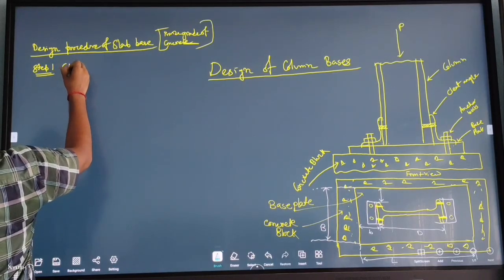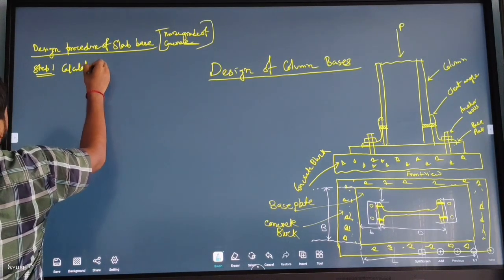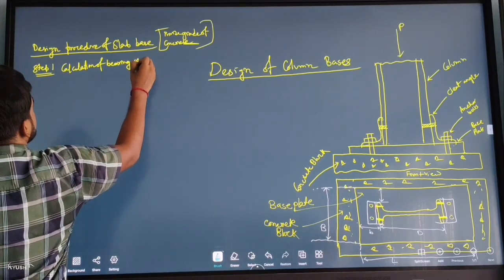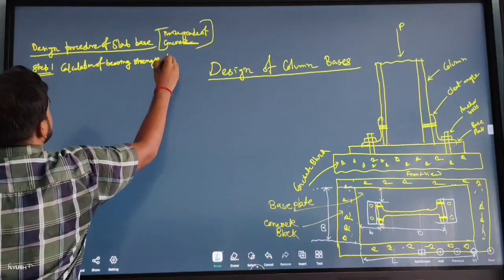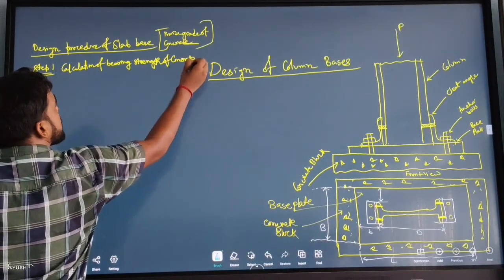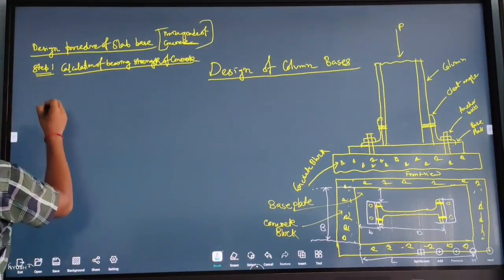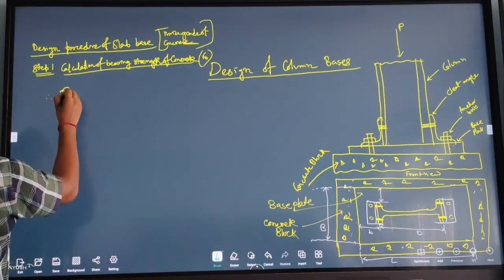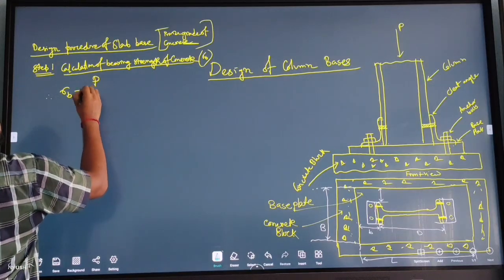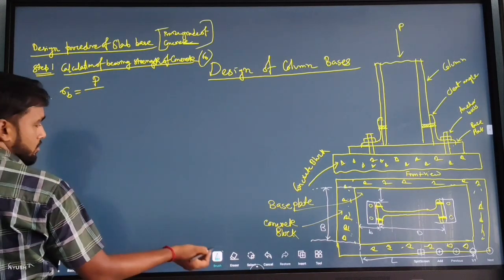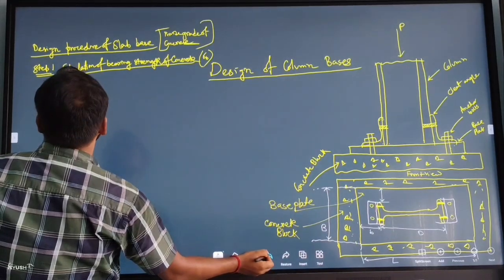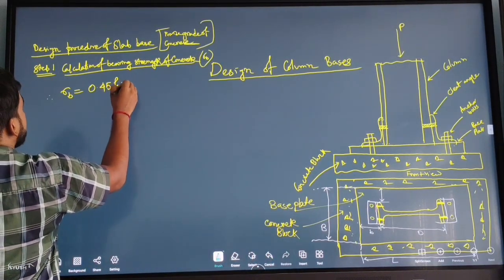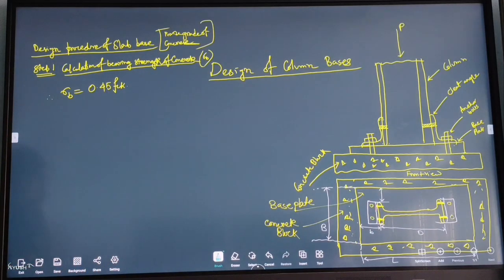Calculation of bearing strength of concrete: sigma B is equal to 0.45 FCK. It is given in IS 456.